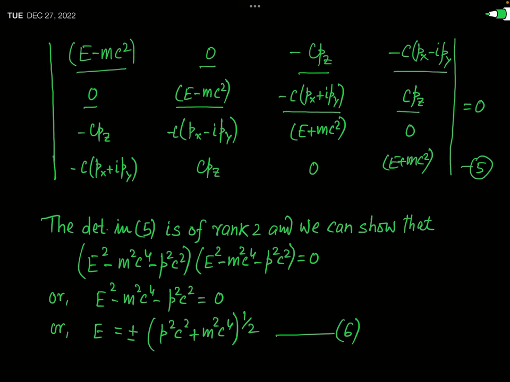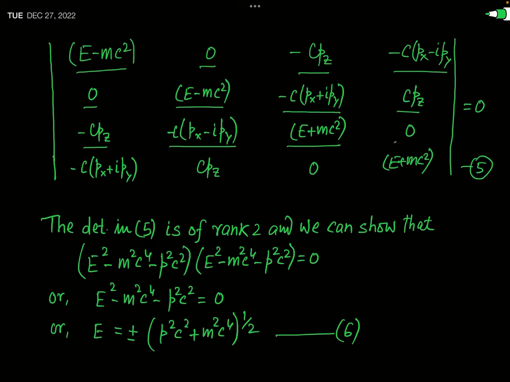Okay. In the third equation, you can see that the coefficient of u1 is minus cpz, and that of u2 is minus cpx minus ipy, and that of u3 is E plus mc square, and u4 is not present in the third equation.